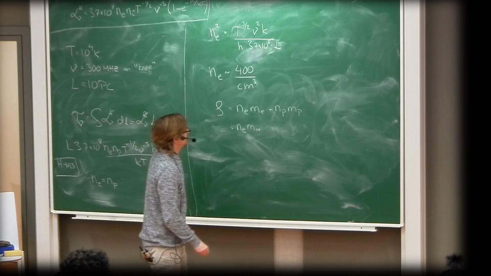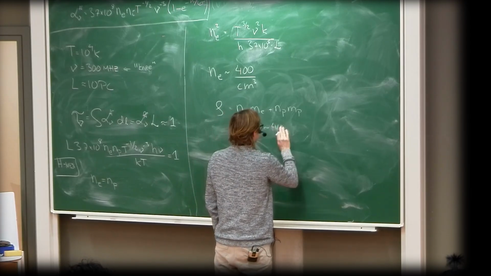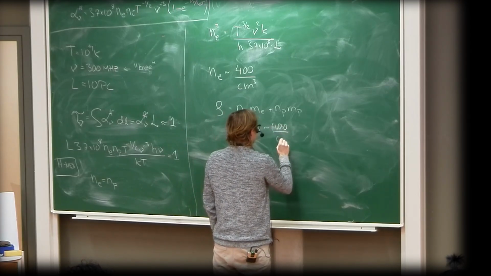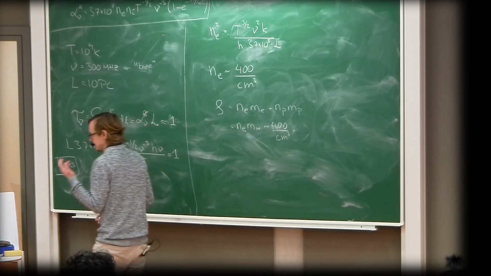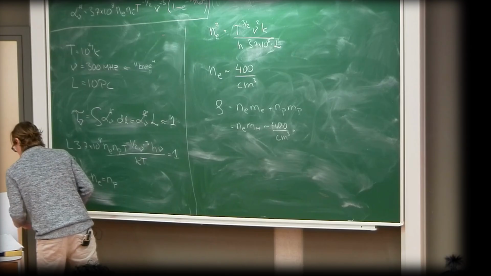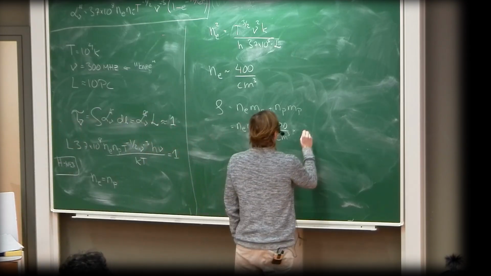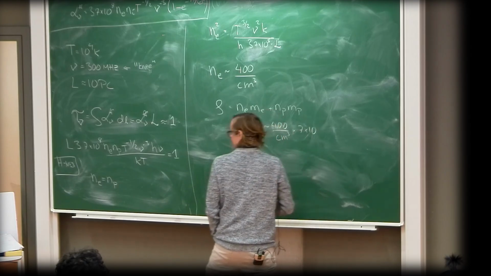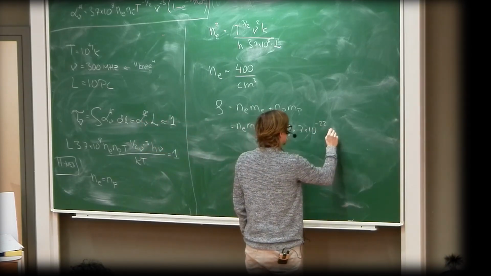Now, the mass of a hydrogen atom, so this is then 400 per centimeter cubed times the mass of the hydrogen atom, which, let me look at the knowledge in our course book, is roughly 7 times 10 to the minus 22 grams.